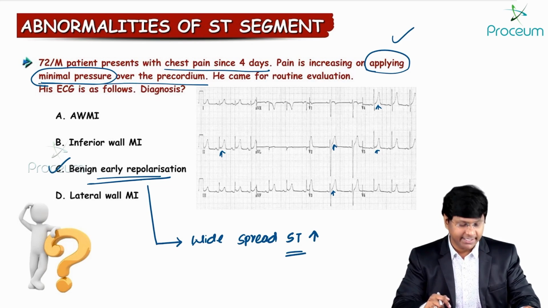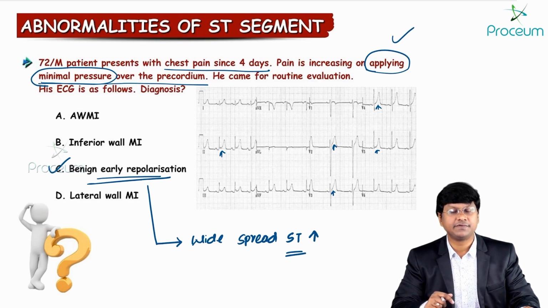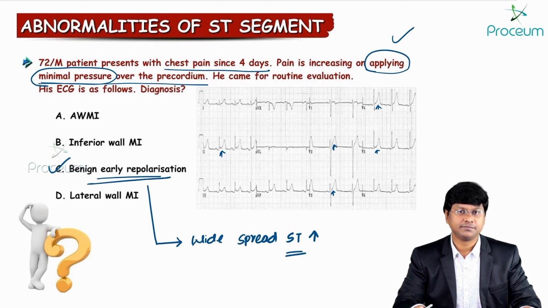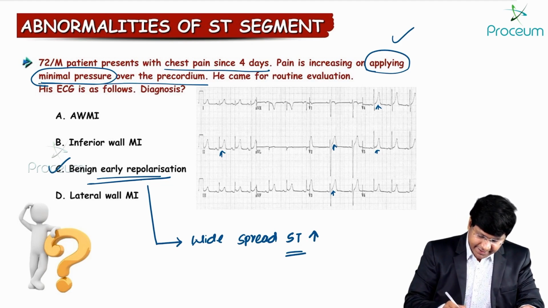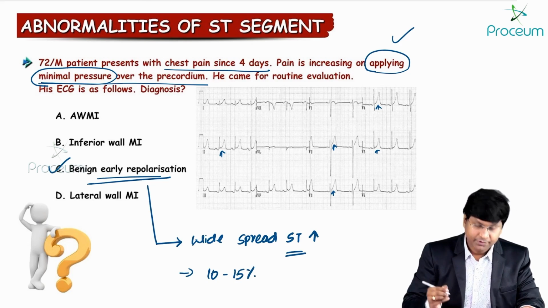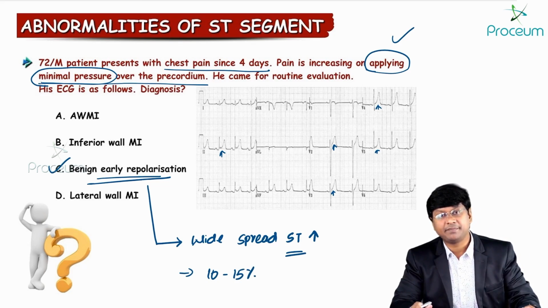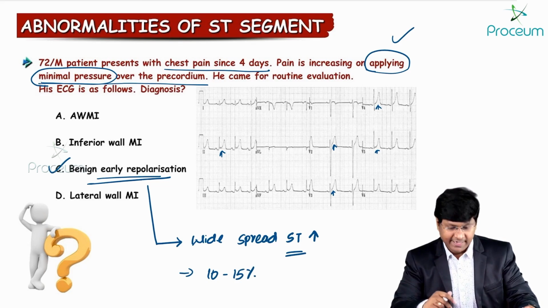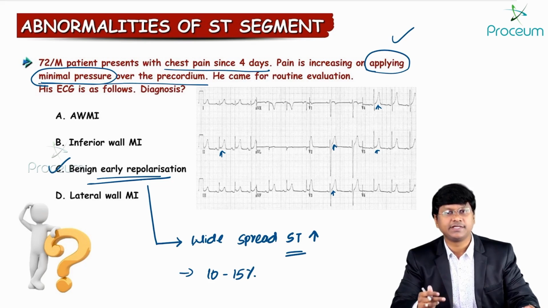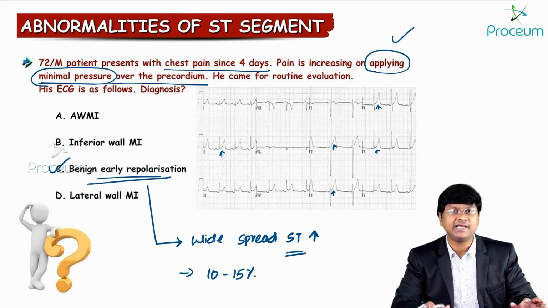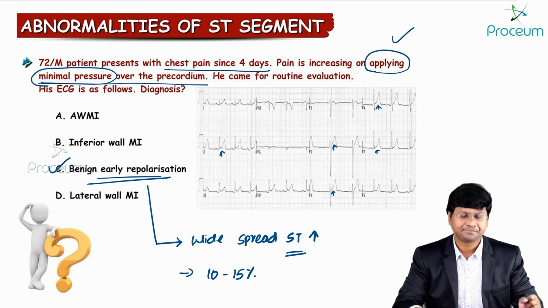It is not a pathological condition. That is the reason why we are using the word benign early repolarization. Now, this is seen in almost 10 to 15% of emergency department patients presenting with chest pain; they will have benign early repolarization on their ECGs. So this is a very common diagnostic challenge for clinicians.